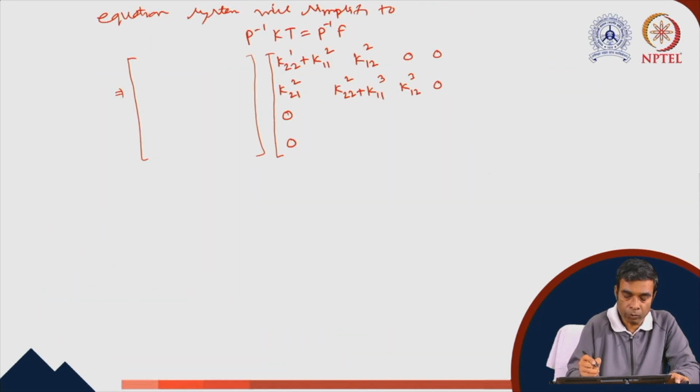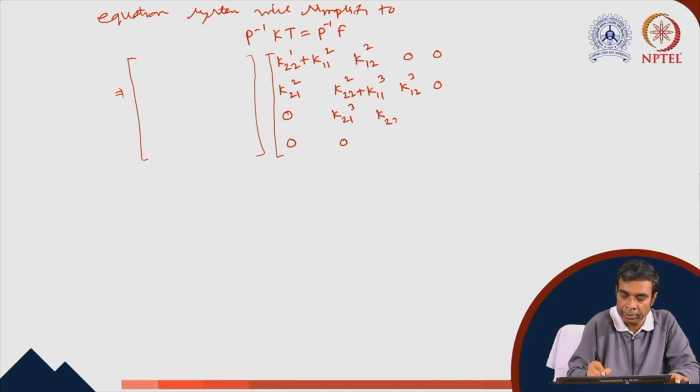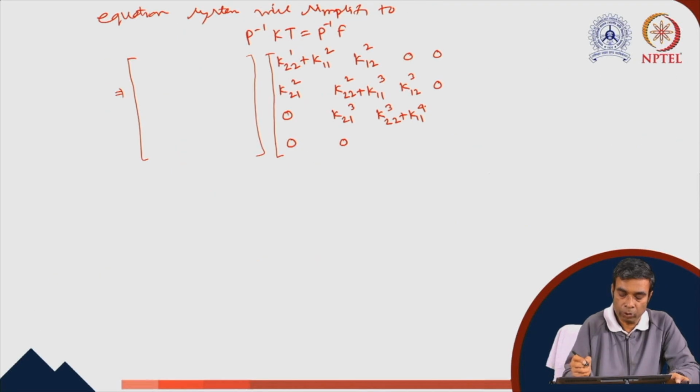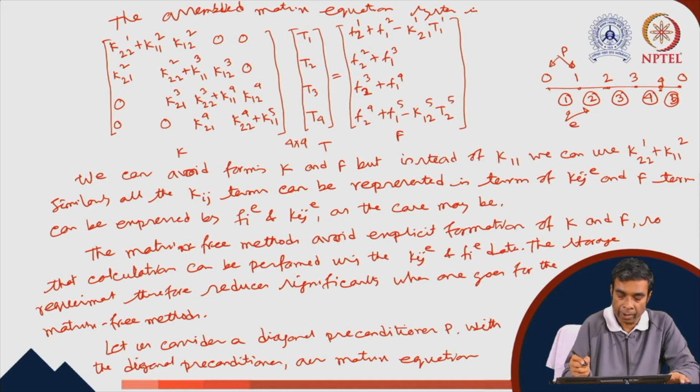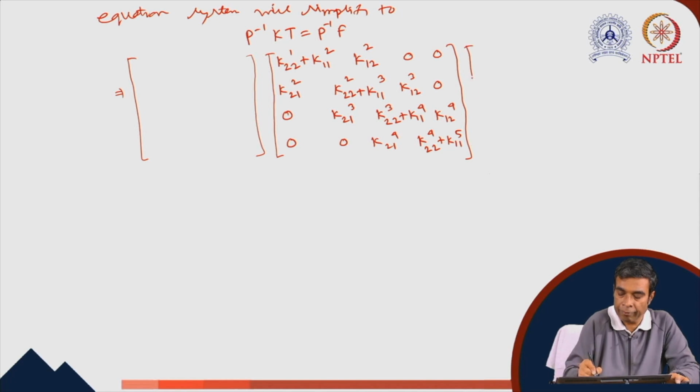In the third row we have K^2_13, the diagonal term is K^2_23 plus K^1_14, the next term is K^2_24. In the fourth row we have K^2_14, and the last diagonal term is K^2_24 plus K^1_15. Then we have the degree of freedom T1, T2, T3, T4.